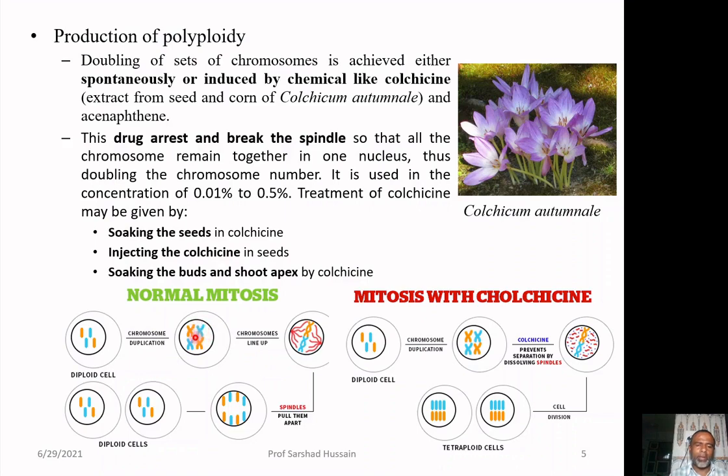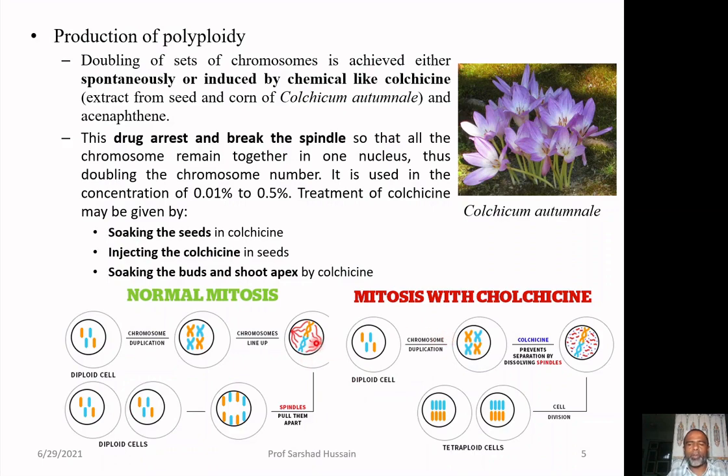When these chromatids are separated, there will be 8 chromatids, 4 on this side, 4 on this side, and the spindle apparatus will bring them toward the opposite poles, which will be distributed into 2 cells, 4 to this cell and 4 to this cell. But if you treat the cell with colchicine, what will happen?